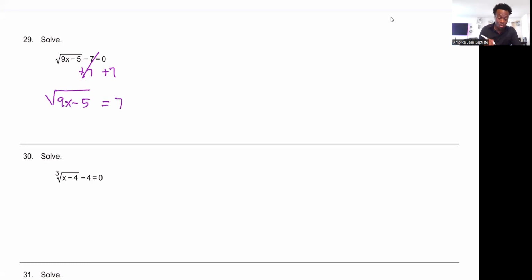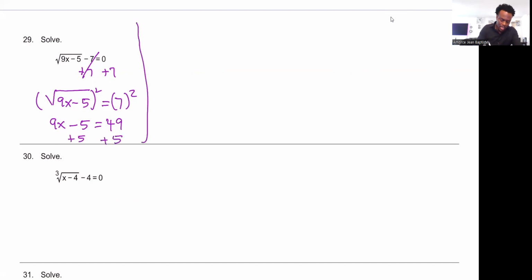And now we want to cancel the radical. It's an index 2 for this radical, so we raise to the power 2 both sides of the equation. And then we get 9x minus 5 equals 49, which is 7 times 7. Now we can add 5 on both sides.